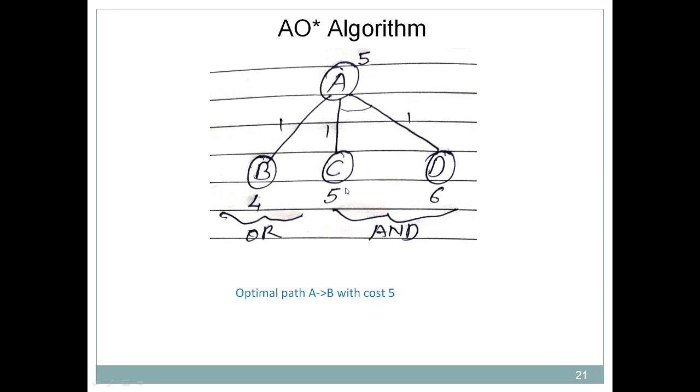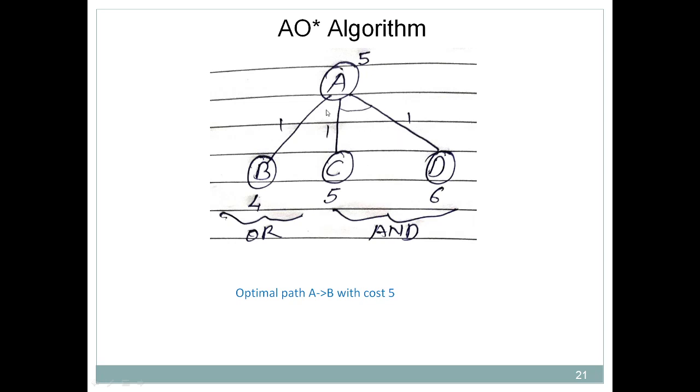Now let's first calculate the f value by using the AND part. For C, H value is 5, for D, H value is 6, and we know the formula f of n equals h of n plus g of n. So this is a g value and this is an h value. So 5 plus 1 is 6, plus 6 plus 1 is 7, 7 plus 6 is 13.